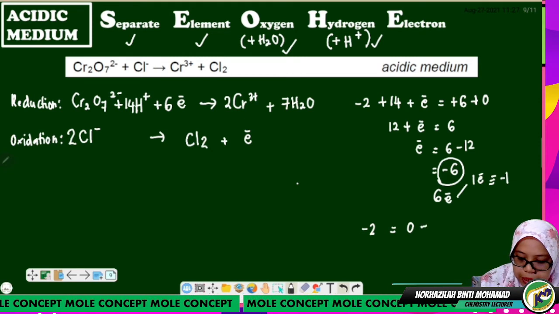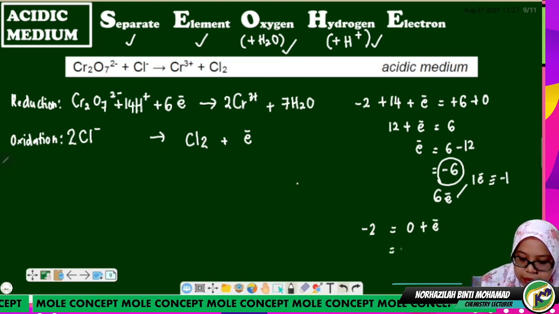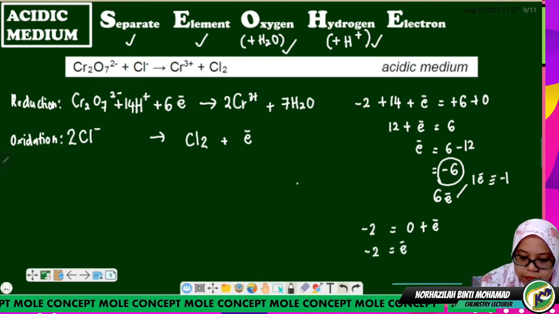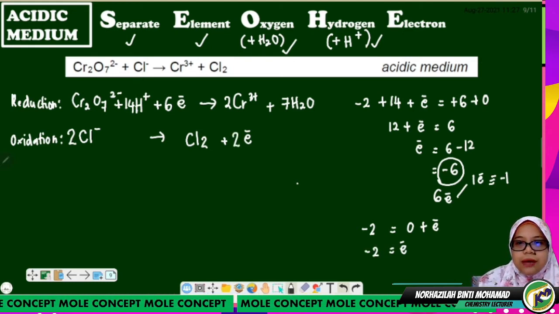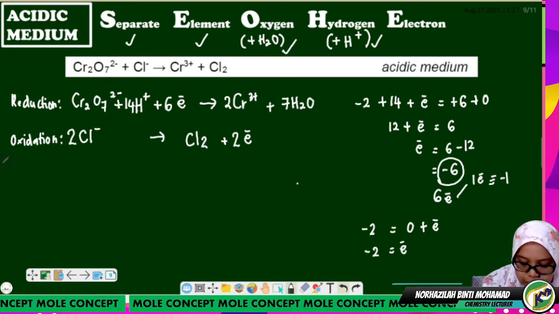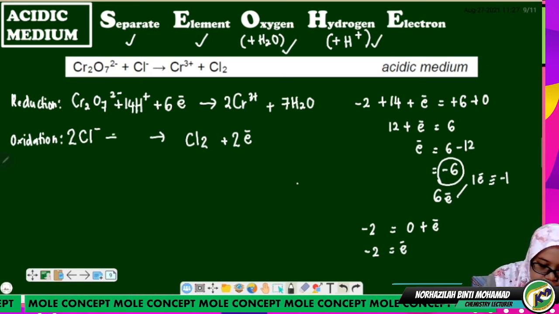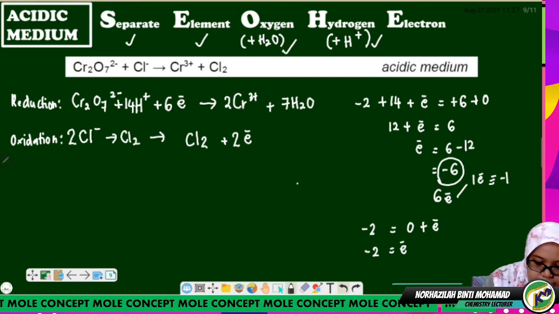So plus electron. So the charge is negative 2, which means we have 2 electrons. So I have balanced the equation. So I rewrite the equation.